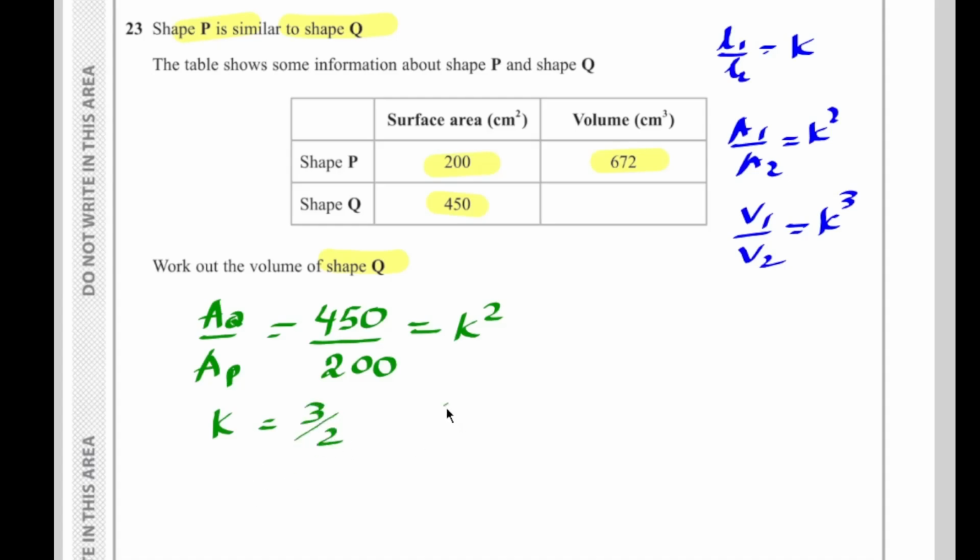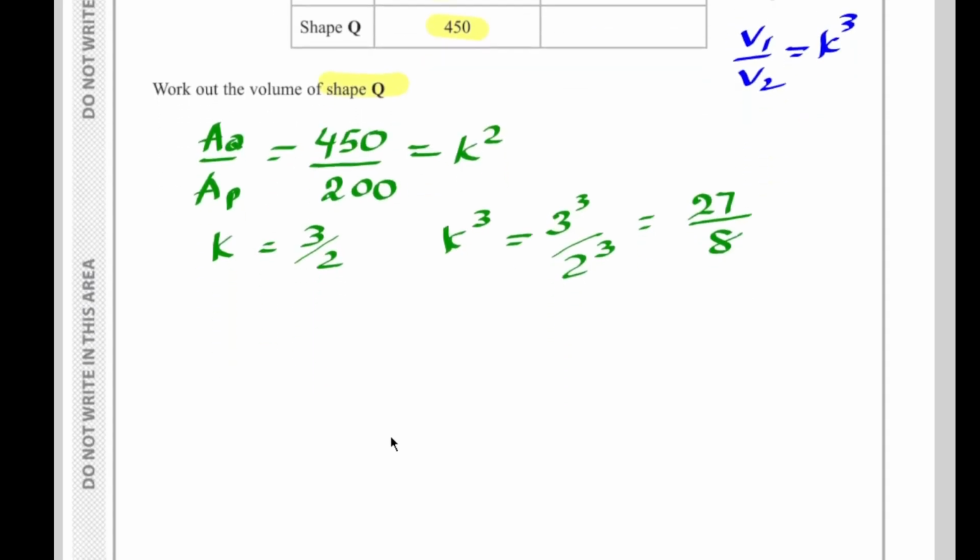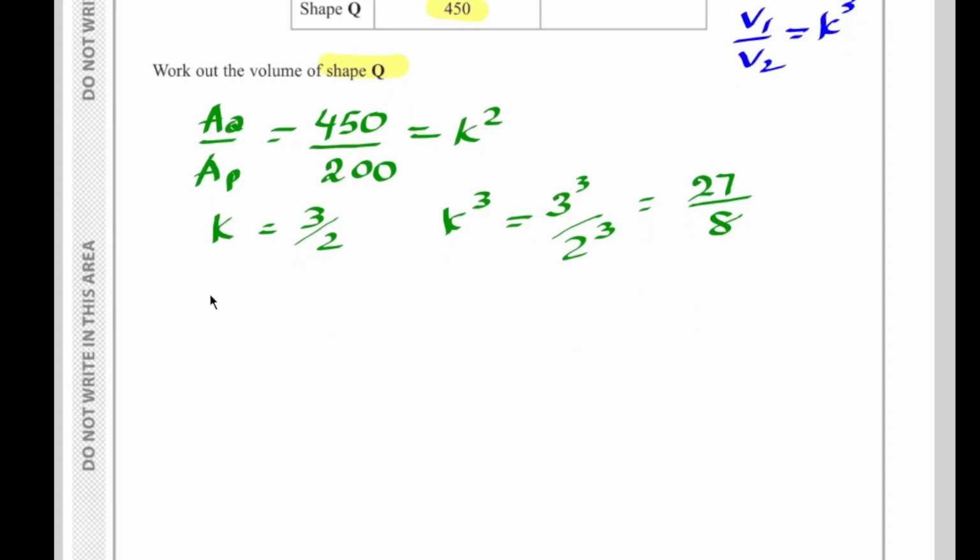Then K cubed, which is the volume scale factor, comes as 3 cubed over 2 cubed, which becomes 27 over 8. Right now I have the volume scale factor. Let's get the volume of shape Q. So I'm writing VQ over VP equals 27 over 8.